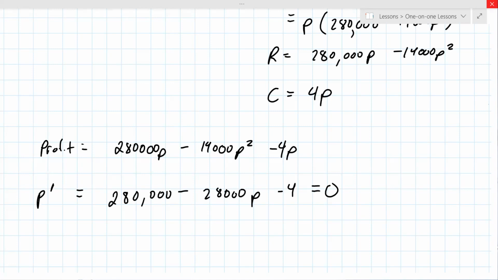What price will bring the greatest share? Price times quantity. Did the previous one work? Yeah, it was 10. Okay. I need to just check something here. Yeah, I guess it is okay. I guess it is p equals 10.